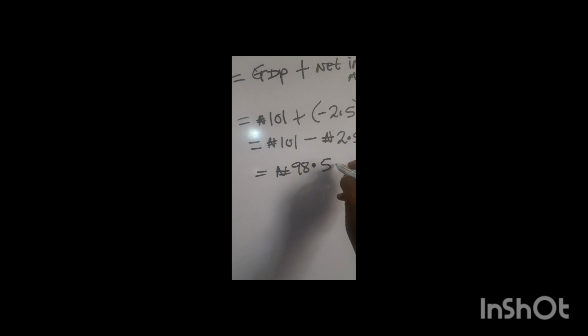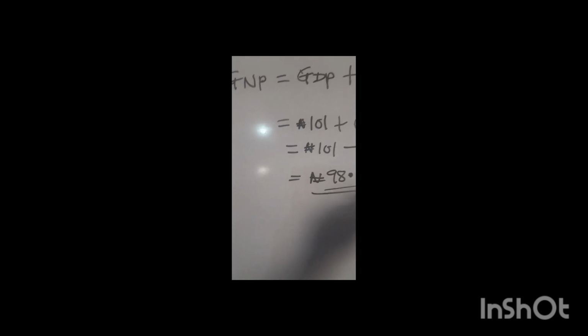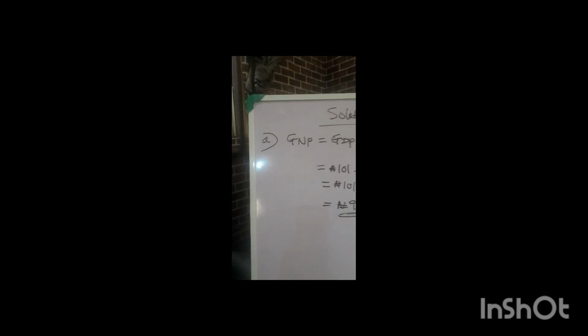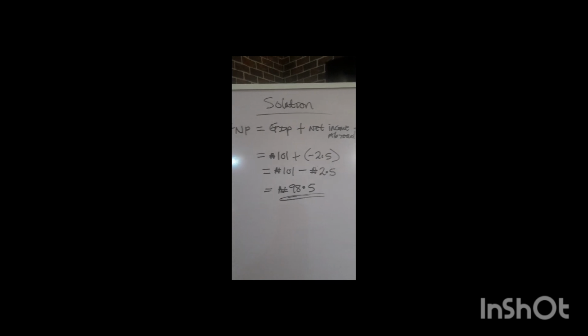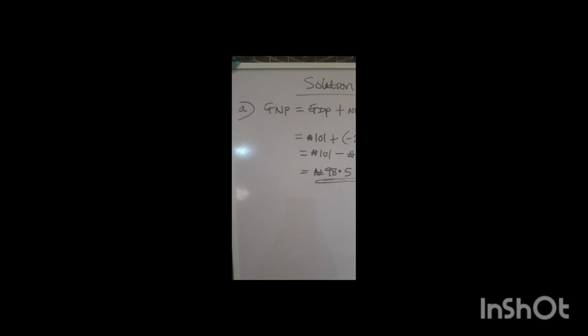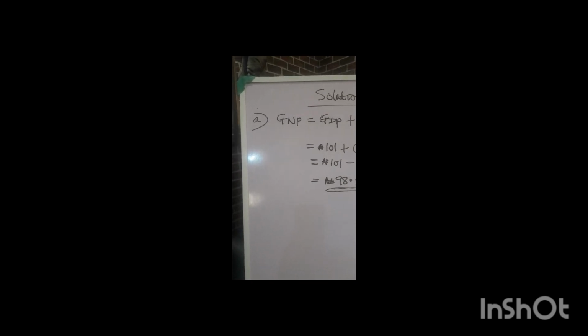The 98.5 million becomes my gross national product, which answers the A part of the question.